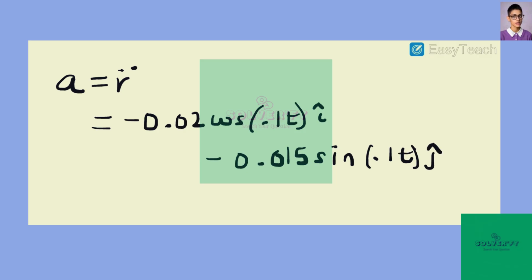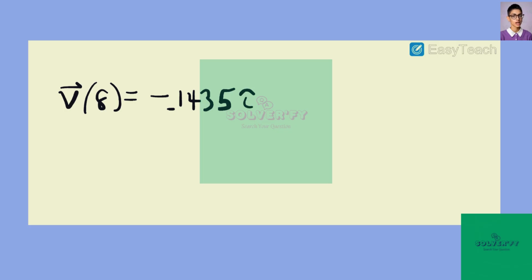So when we evaluate this and our velocity vector at t equals 8 seconds, we'll see that our velocity vector at 8 seconds is going to be equal to negative 0.1435 i hat plus 0.105 j hat plus 2 k hat.